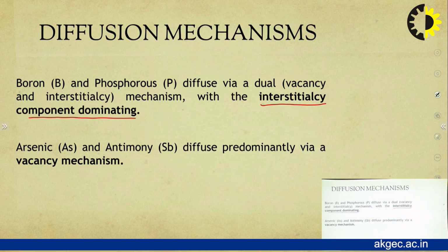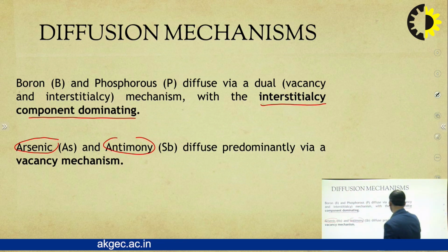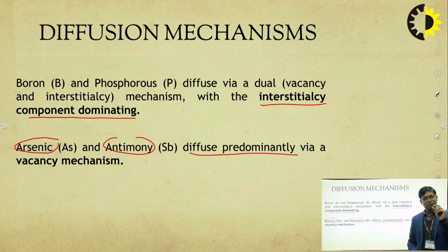The dominant mechanism of diffusion in these dopants is interstitial movement, whereas arsenic and antimony diffuse predominantly via the vacancy mechanism, because they are bigger atoms. Boron and phosphorus are small, with smaller radii, whereas arsenic and antimony have bigger radii. So arsenic and antimony diffuse predominantly via the vacancy mechanism.